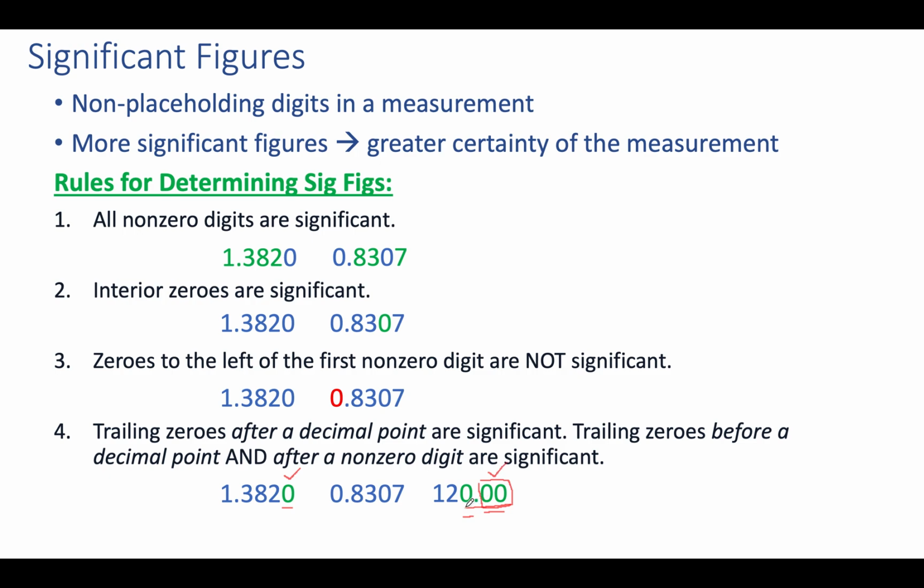This 0 obeys a different part of the rule. This 0 comes before the decimal point, so the decimal point's here, but after a non-zero digit, which is this 2. Because it comes in between, this one is also a significant digit.